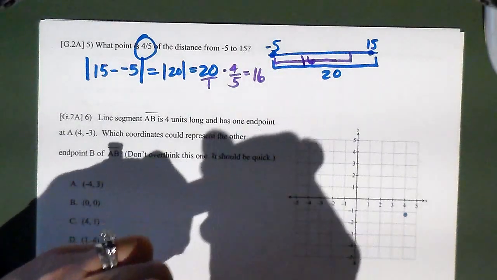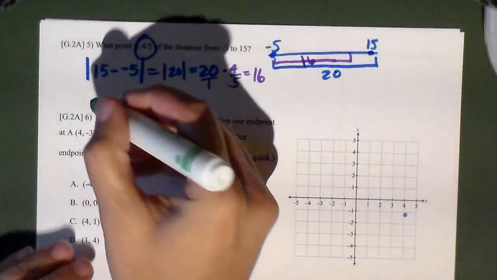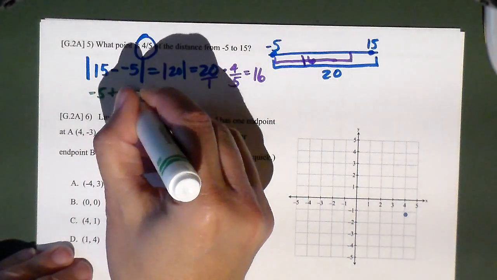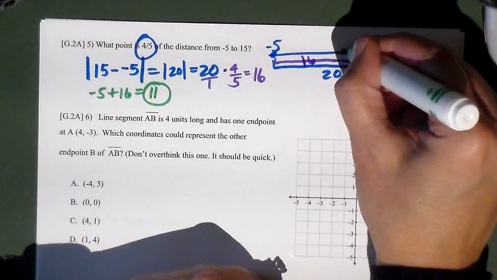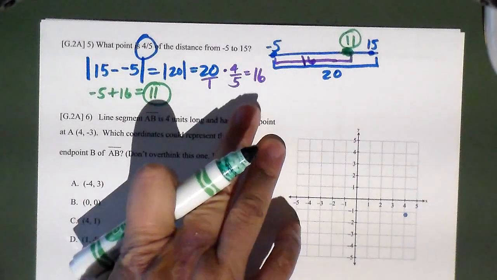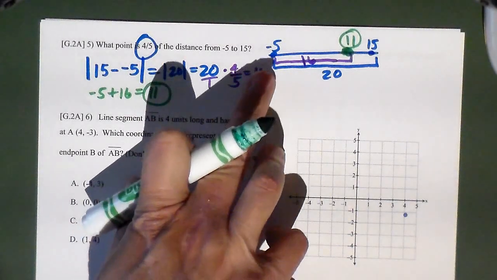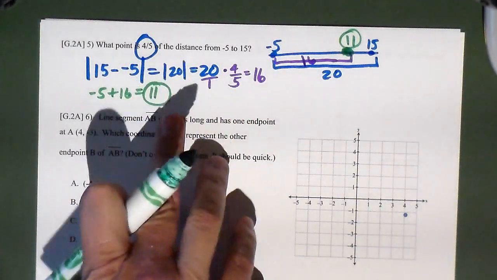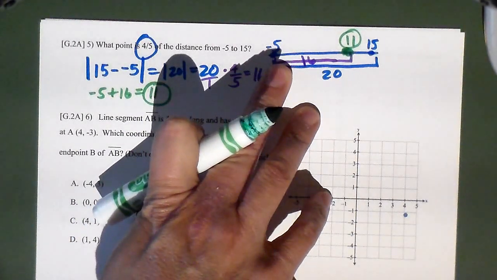To do that, I take my starting point, which is -5, and add that 16, and I get 11. So 11 is my point. A lot of you put 16 as your final answer. 16 is how far you're moving. You're not done yet. Remember, you started at -5. So 16 is how far you're going to travel from your starting point, okay?